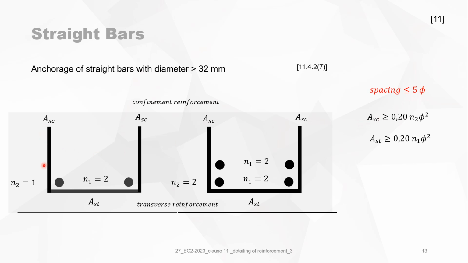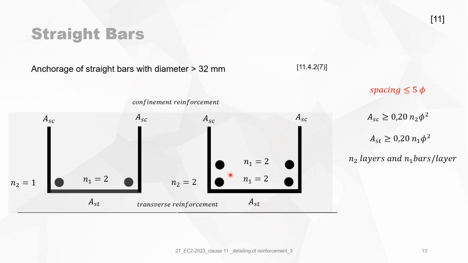Then the vertical bars, the confinement, should be more than 0.2 times N2 V squared, and the transfer reinforcement must be bigger than this formula. So on first sight this is different than what we are using in Eurocode 2 in the version of 2004. But first, N2 means the layers, and N1 is the bars per layer.